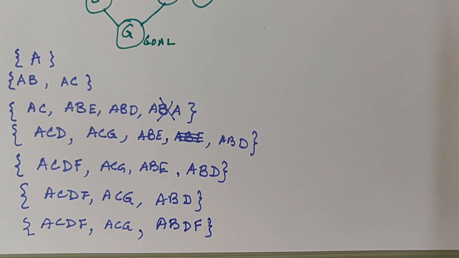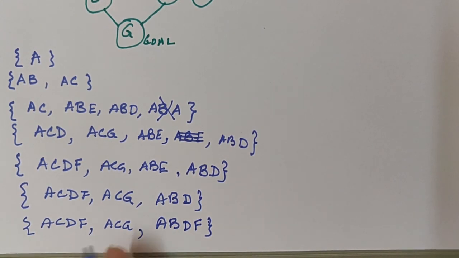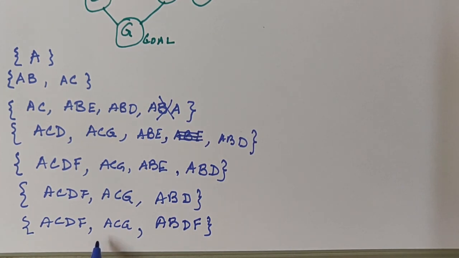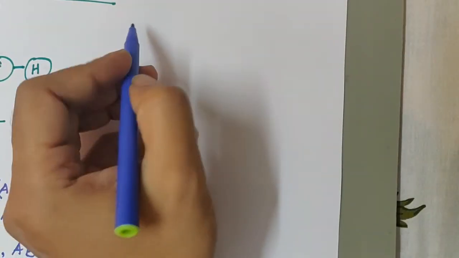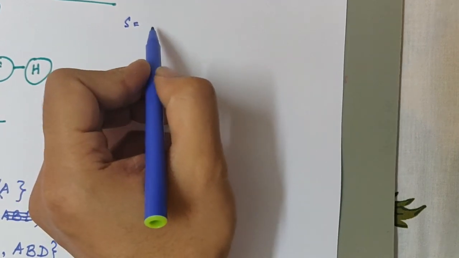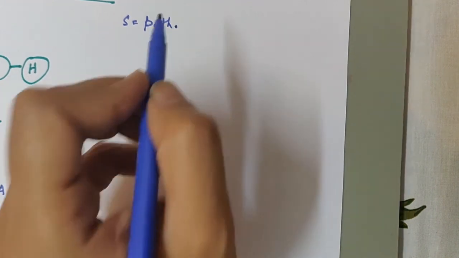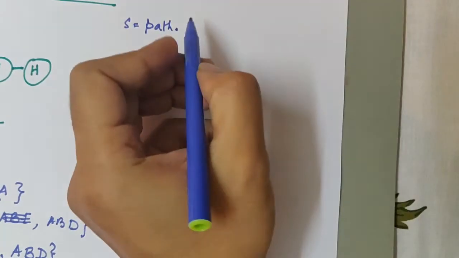Now ACG is the inevitable choice, and when I choose ACG, according to the generic search algorithm, I will see what is the end state of this path. You remember in that algorithm there was this step S equal to path.end.